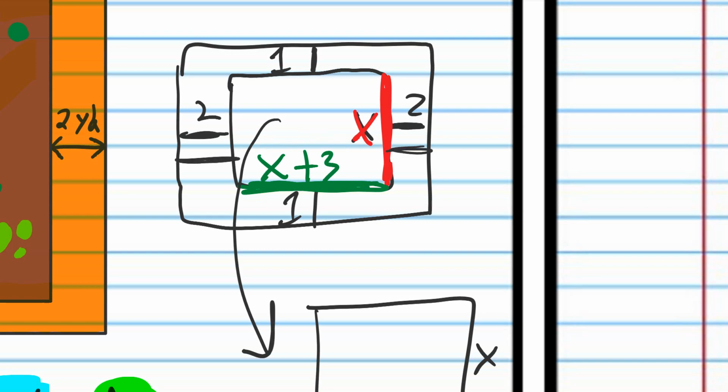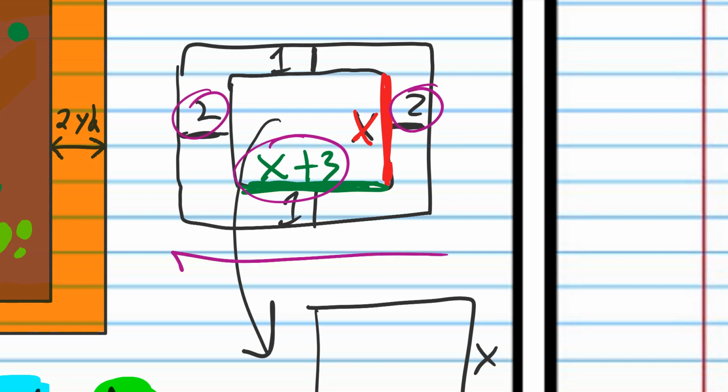So we want to find the total width, not just this width, not just the green part, but the total width, which I could label as the purple. We want to find all the way from here to here. But you see, we have to add 2 to this expression. Actually, we have to add 2 twice to find the total width. So we're going to take x plus 3 and add 2 here and add 2 here.